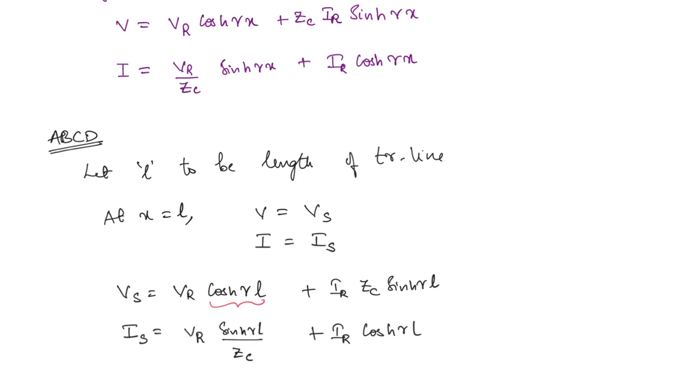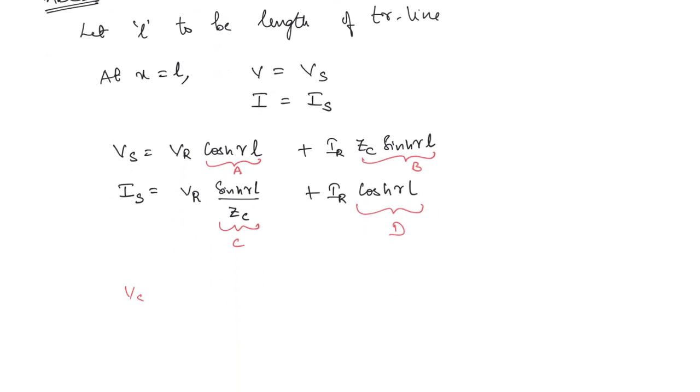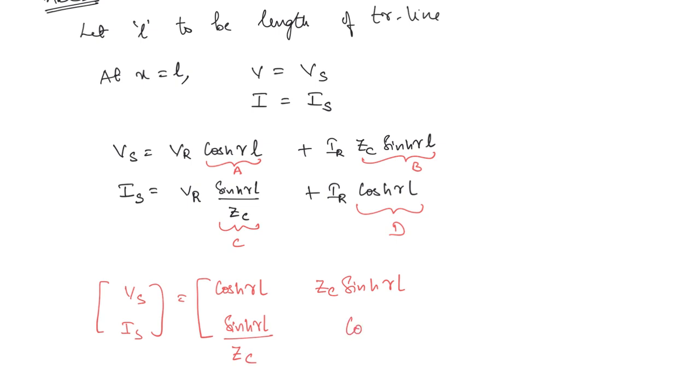So this here will be the parameter A, this is parameter B, C and D. So we can write in the matrix form, Vs and Is equals the matrix cosh gamma L, Zc sinh gamma L, sinh gamma L divided by Zc, and finally cosh gamma L, times Vr and IR. So here you can see that A is equal to D, right, because it is a symmetric network.